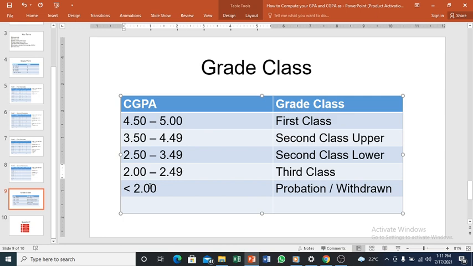But if the 1 point system is still holding, the person that finished between 1.0 and 1.99 will be given a pass. But currently, if you have less than a 2.0, you'll be withdrawn from the university, and before you get to final year, they'll probably put you on probation.